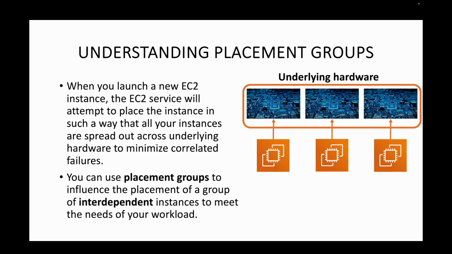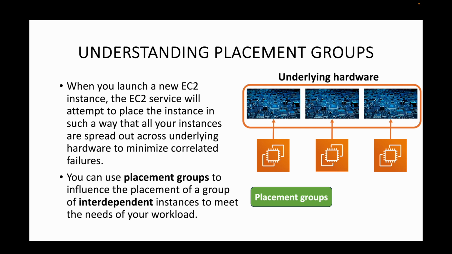Now, if you want to control the placement of these instances, as in you want the instance to be running on this hardware or on this hardware or on this hardware or on one single hardware, we can make use of your placement groups for that. So placement groups are mainly used to influence the placement of a group of interdependent instances.